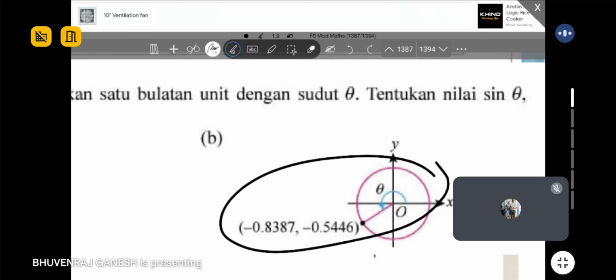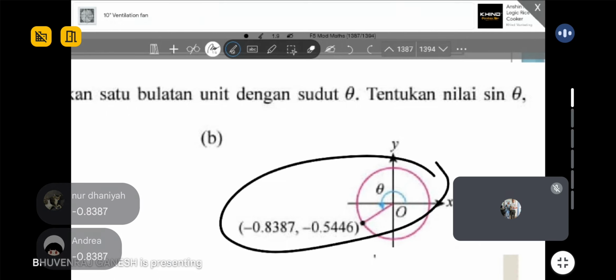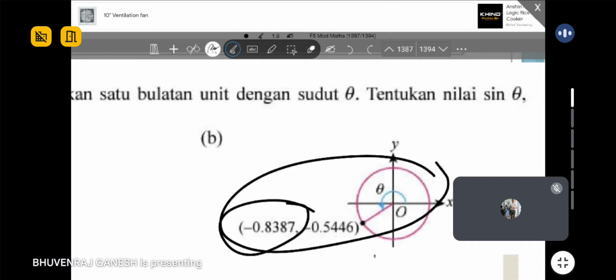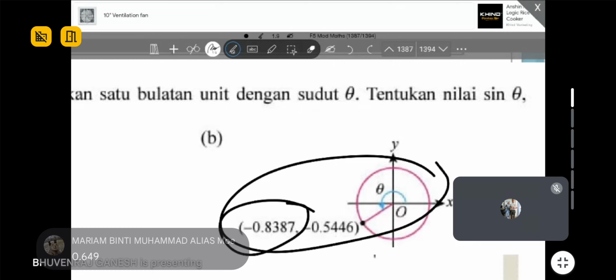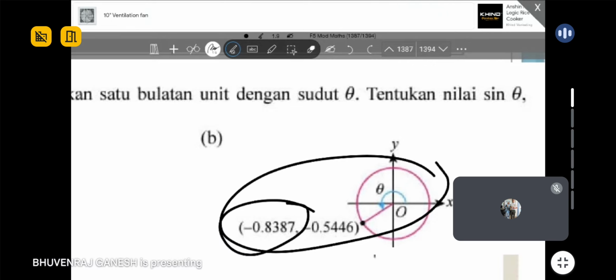Come on, guys. Yes, very good. Negative 0.8387. Okay, tangent theta, what is your answer? You can use the calculator to get tangent theta. Okay, very good, 0.649.